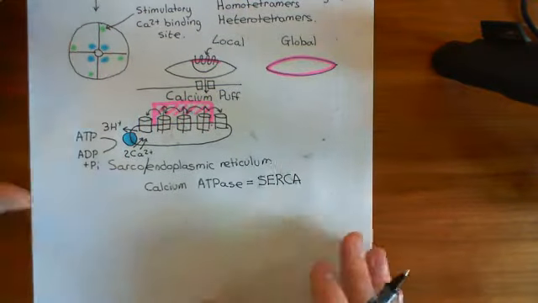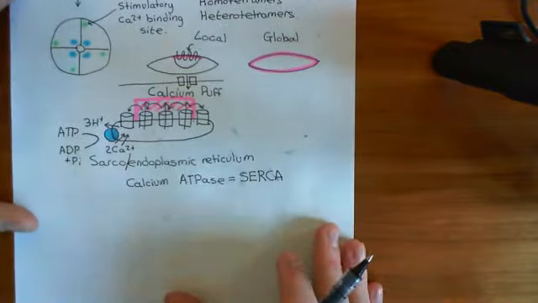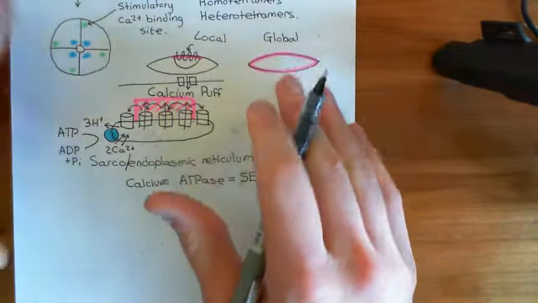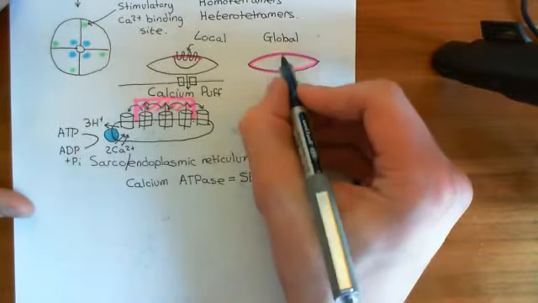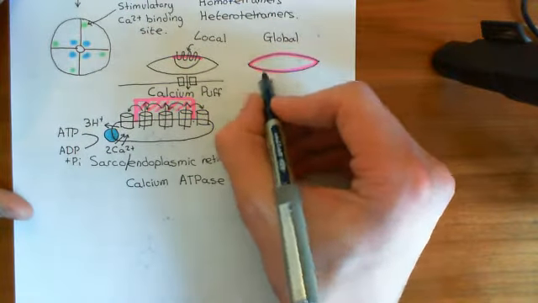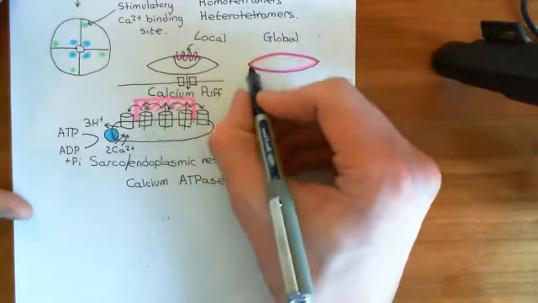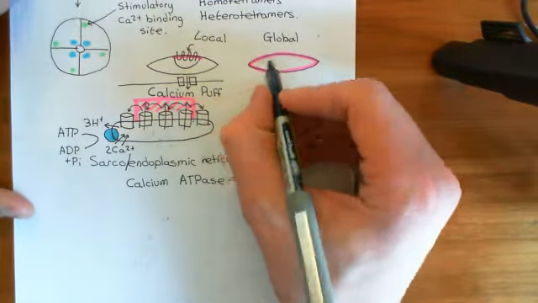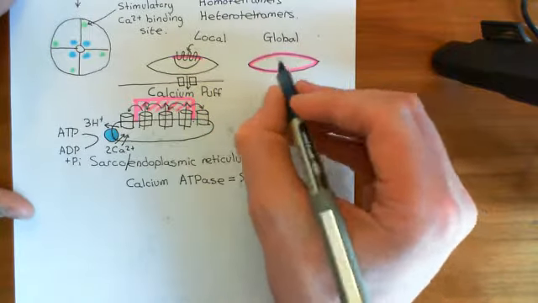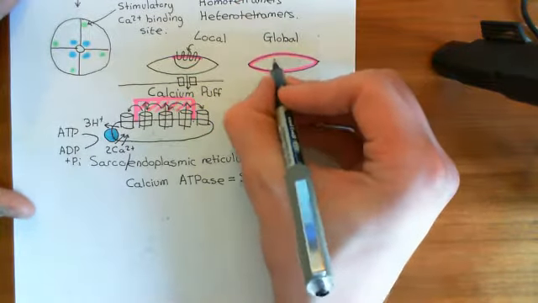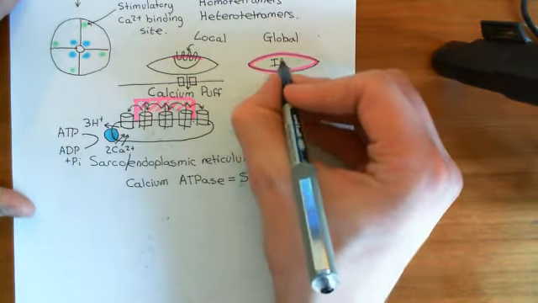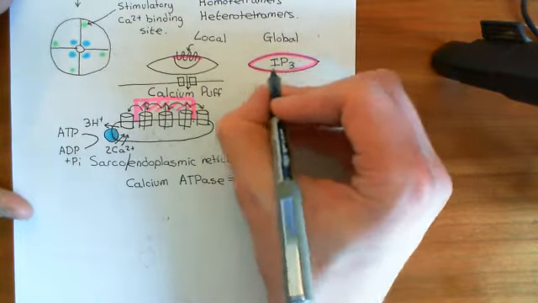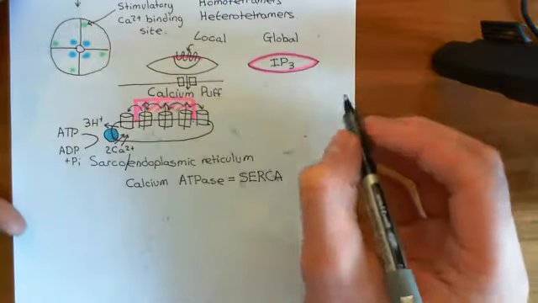Okay, now I want to talk about the other type of signal, which is this global type of signal here. So we have the alpha-1 adrenoreceptors being stimulated all over the smooth muscle cell, basically. So everywhere you're getting these alpha-1 receptors stimulated. What does that mean? That means that IP3 is going to go up everywhere, okay? So in the cytoplasm of the cell, IP3 is going up everywhere.